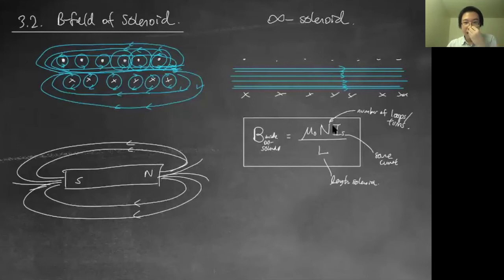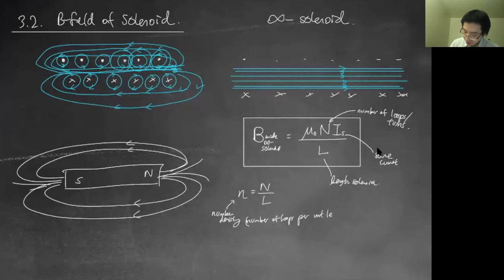How about N? So the more loops you have, if I put in 10 loops, you have more magnetic field. So that makes sense as well, right? What is less obvious is the length over here: the longer it is, actually the weaker it would be. It sounds a little bit weird, but let me introduce a new variable, because this is N over L. So I can call it a number density, which is a number of loops per unit length, right?